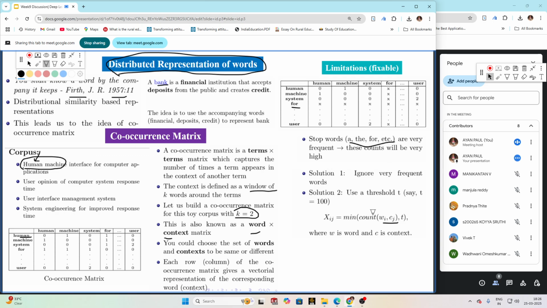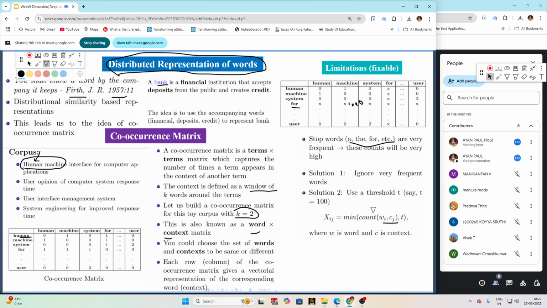You can fix a threshold. Like for and machine, let's say this value is actually 1000, but it does not make sense because for can appear with machine. We are not interested in this stop word.